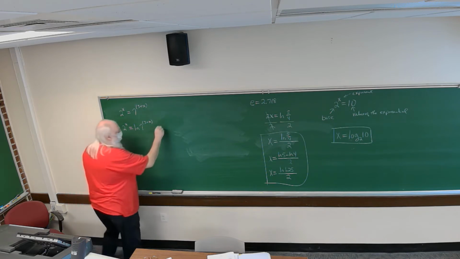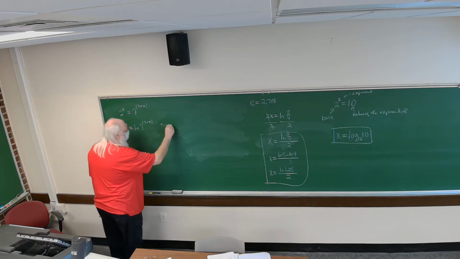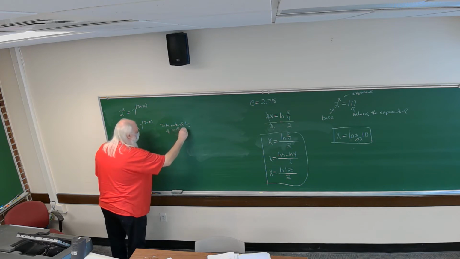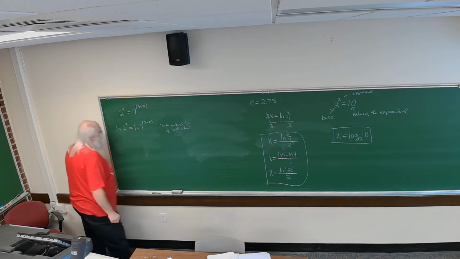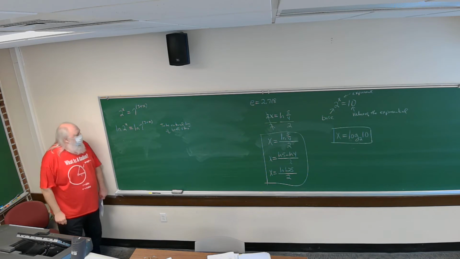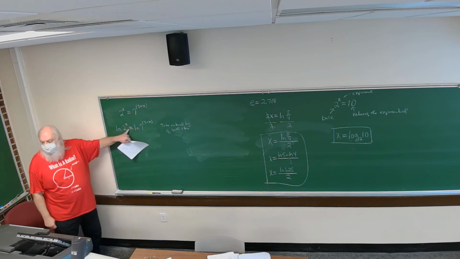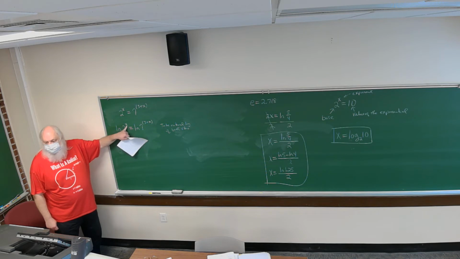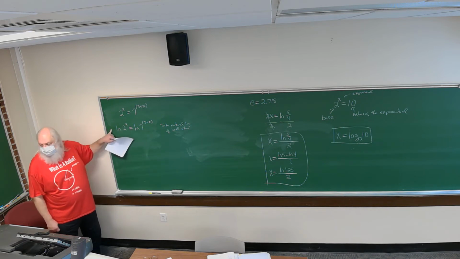So take the natural log of both sides. Now on the left, the natural log of 2 to the x. What can I do with this x? It's the exponent on the number 2. Yeah, bring it down front via the power rule.